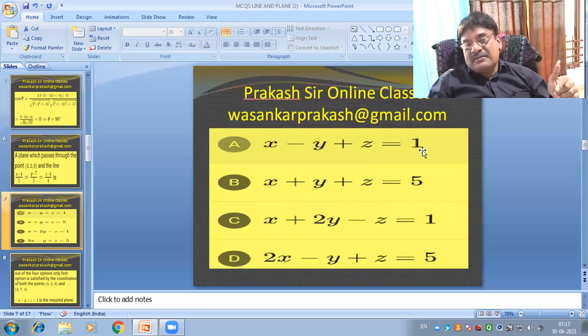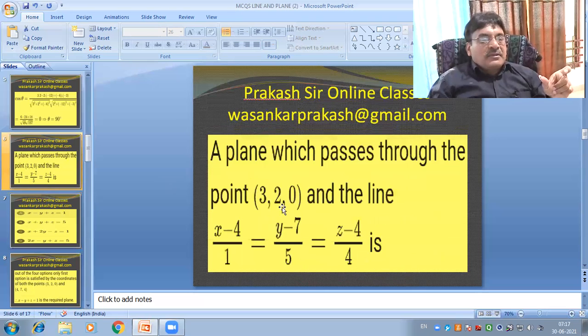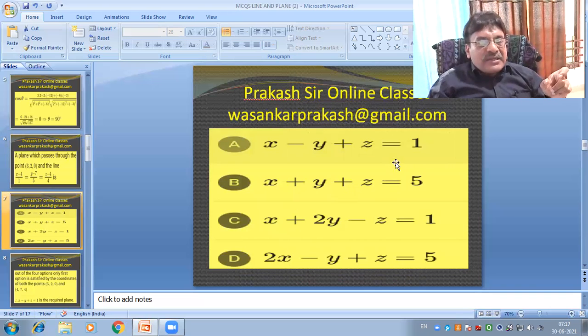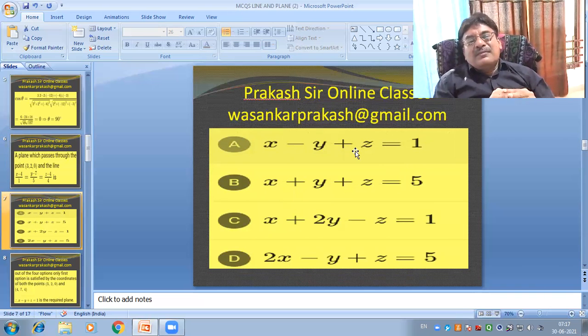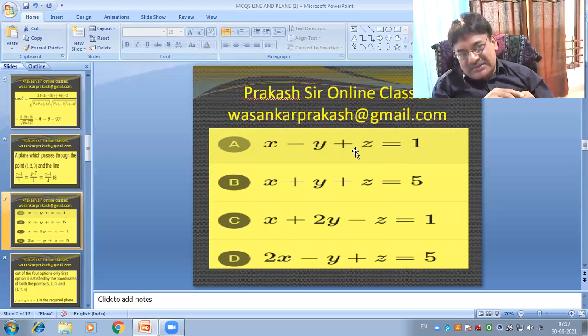So we get here 1. Therefore, both the points, that is 3, 2, 0 and 4, 7, 4, satisfy the equation of the plane given in option A. Therefore, option A is the correct option.